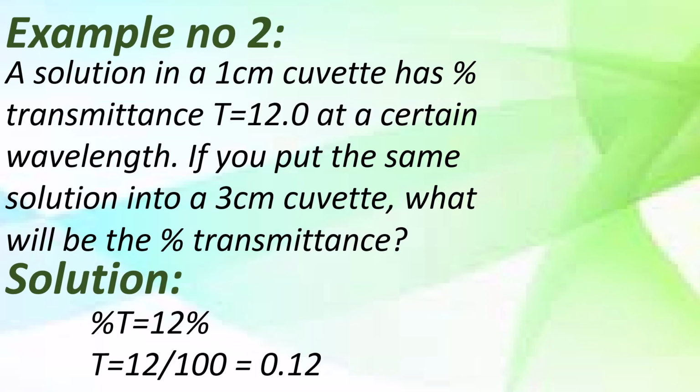Solution. First, we will find out transmittance from percent transmittance. Percent transmittance is 12%. So, for determining the value of transmittance, 12 will be divided by 100. So, transmittance is calculated to be 0.12.